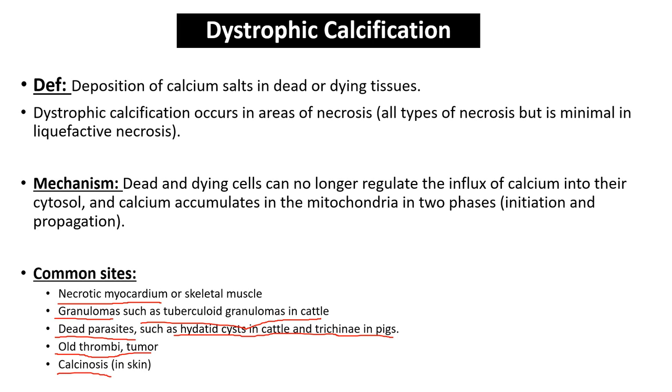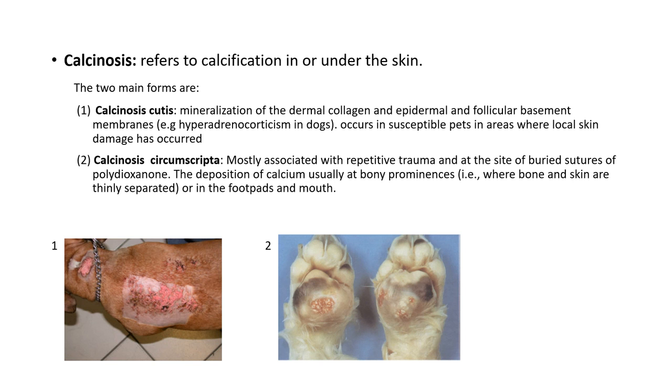It also occurs in calcinosis. Usually calcinosis is a calcification in or under the skin, and I'm going to discuss this in the next slide. There are two forms of calcinosis: calcinosis cutis and calcinosis circumscripta.